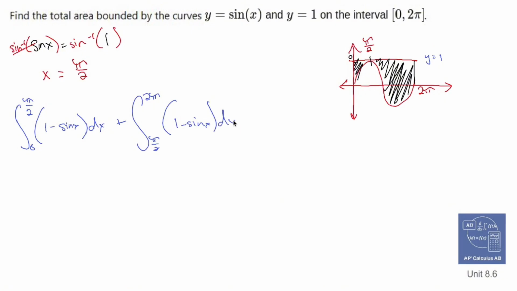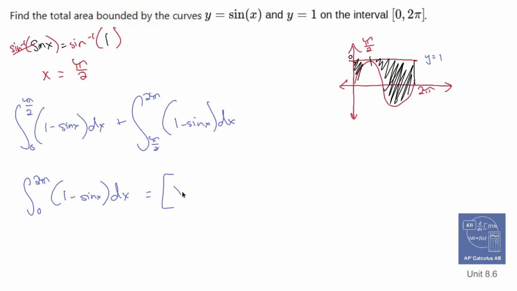And at this point, you should realize, wait a minute, it's the same guy. Why not combine the two integrals into one whole integral from 0 to 2 pi of 1 minus sine x? Well, that's exactly what we're going to do. The reason that works is because there's no upside down stuff going on. In both of these cases, y equals 1 is the top thing. There just happens to be a little sliver in between where it stops, and you have no area because the two lines intersect. So we're not going to lose sleep over that.